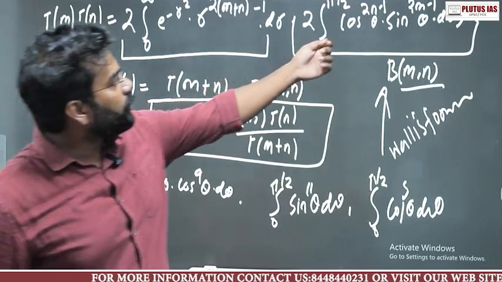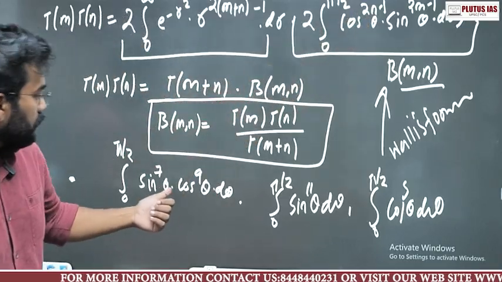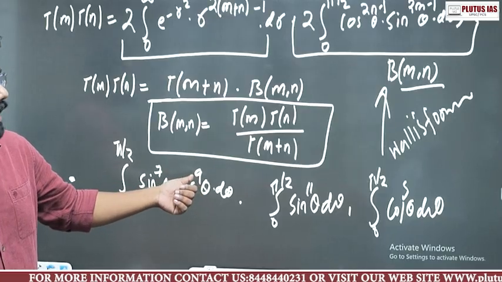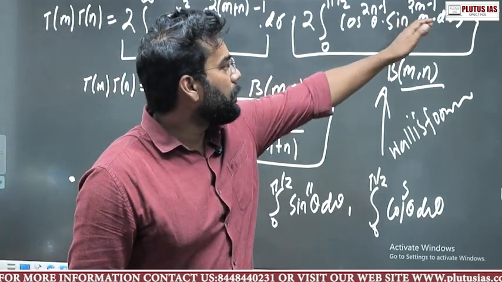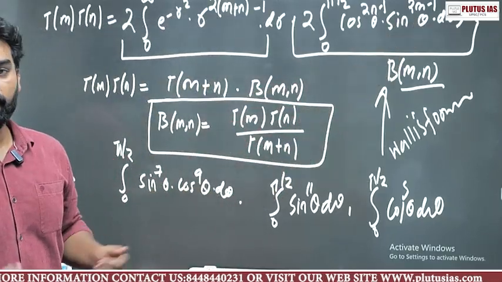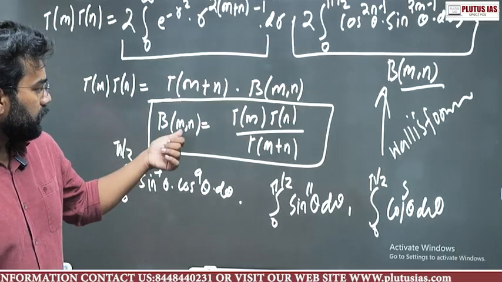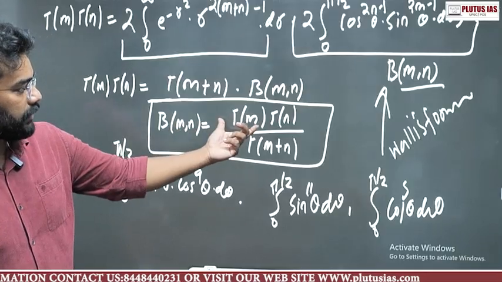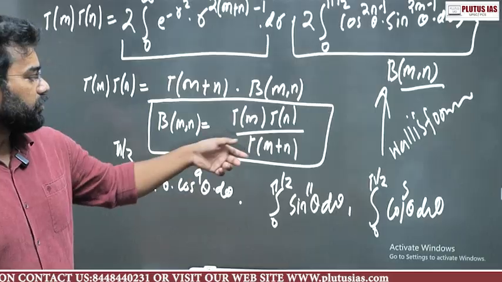So 2n minus 1 is 9, 2m minus 1 is 7. Calculate the values of n and m, put them here in the gamma functions, and you can find the values.